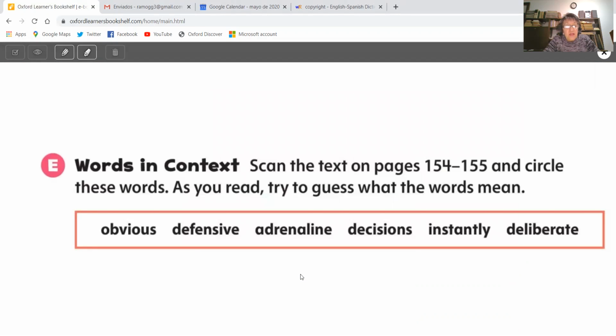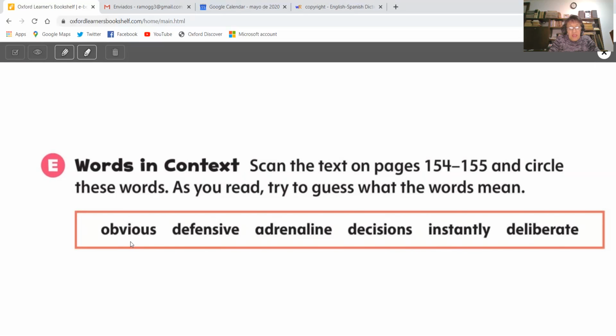Now let's look at the words in context. It says, scan the text on pages 154 to 155 and circle these words. As you read, try to guess what the words mean. And the words are obvious, defensive, adrenaline, decisions, instantly, and deliberate.